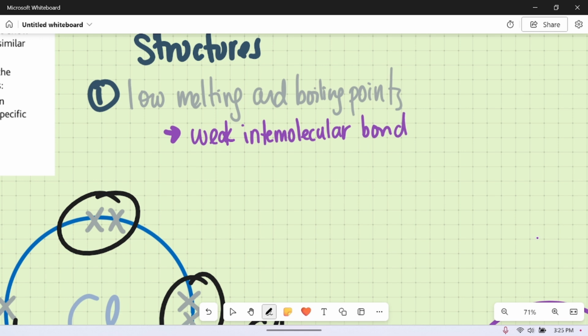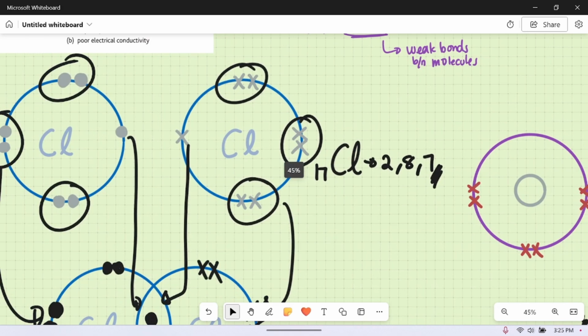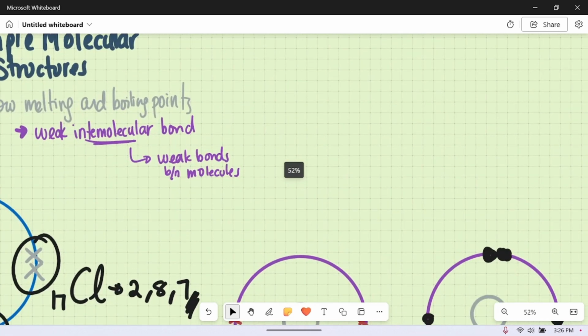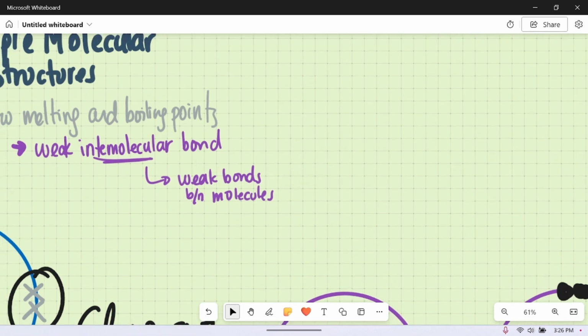What does intermolecular mean? It means weak bonds between molecules. So if you look at these bonds, let's look at chlorine. The bond between Cl and Cl is weak. This shared pair of bonds created is weak. So that results in a low boiling and melting point.